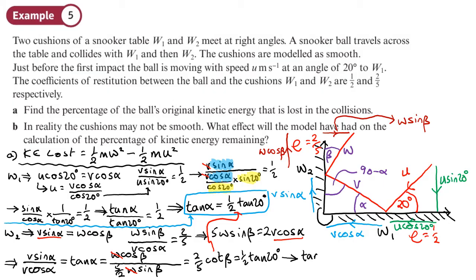So once I've done a reciprocal of both sides, tan beta is going to be 2 over 5 times half tan 20. So you might want to pause it and have a look, because I've missed out a few steps of working, but it's the type of thing you should be able to fairly easily do in your head.